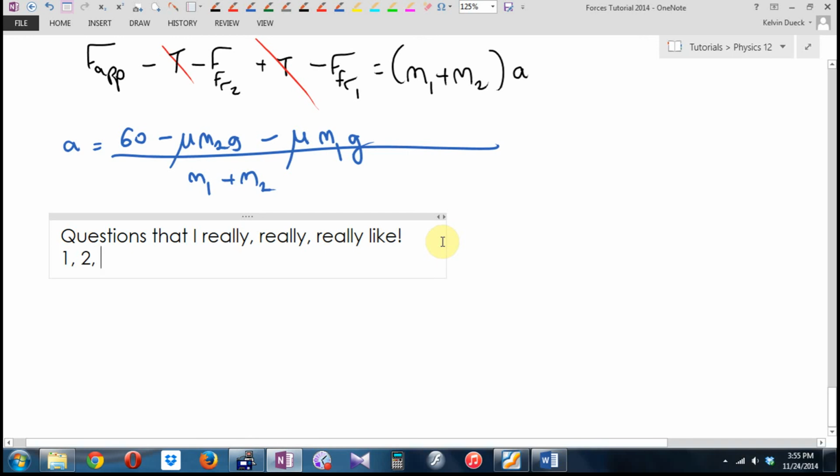Number 2 is good. 3 is good. I really like number 6. Seven is good. Eight is good, and in 8 you're finding mu, although 8 to me is a little easy because everything's horizontal.